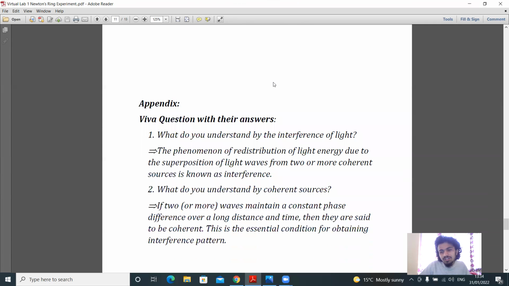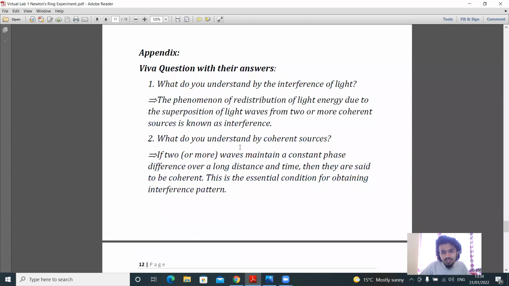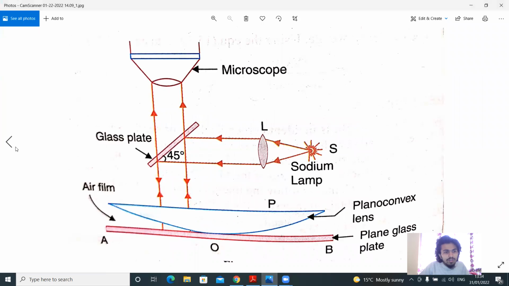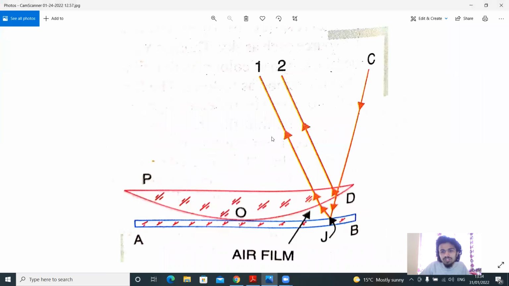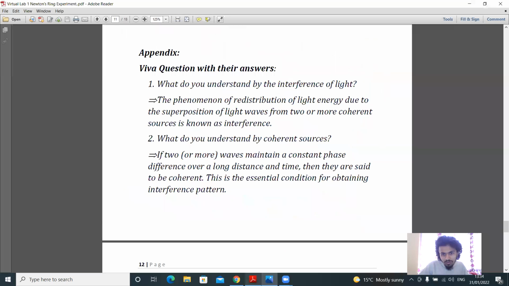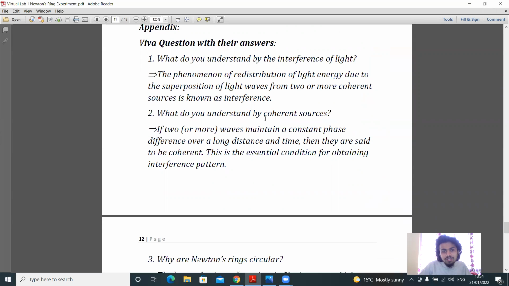Here in our case, the parent ray gives two coherent rays, 1 and 2, since they are formed by division of amplitude at point D. That is interference, the redistribution of energy.